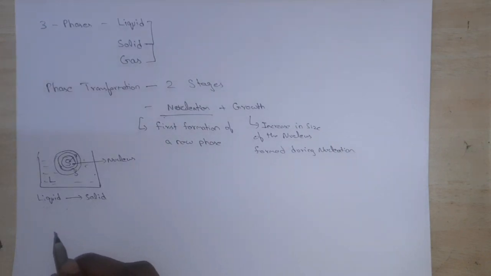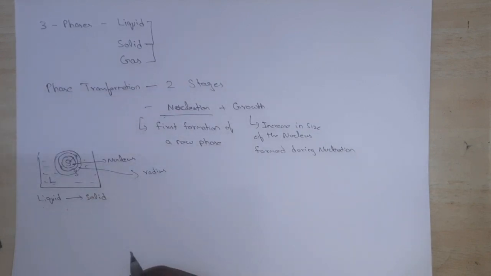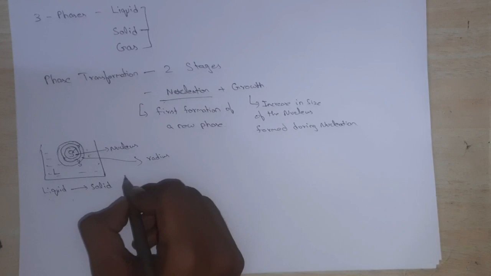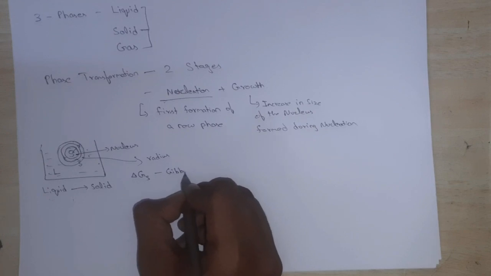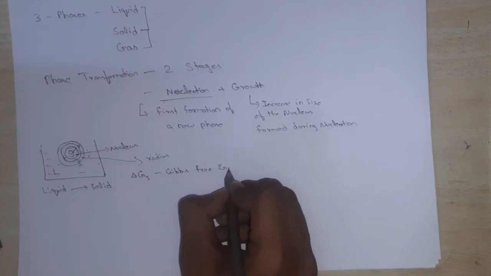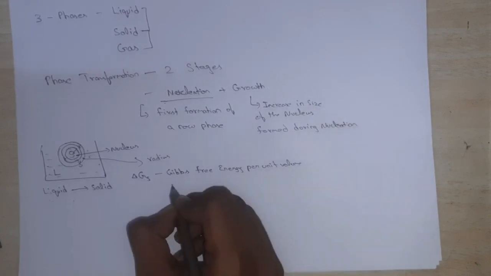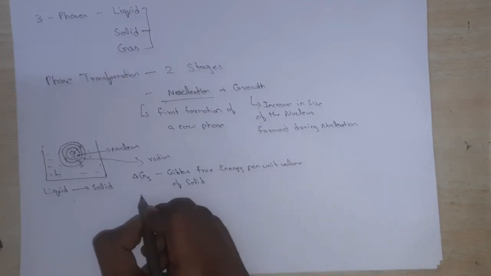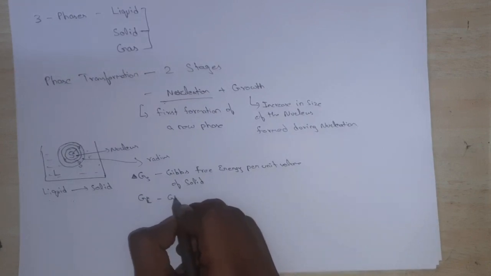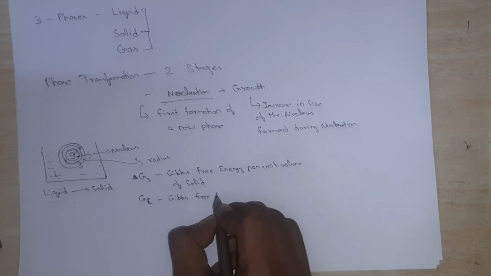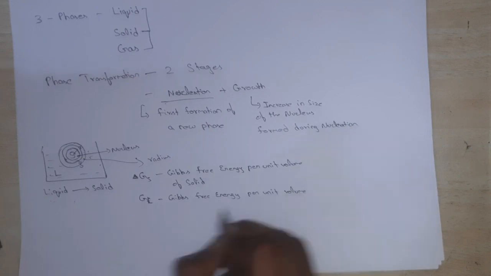So what will be the first radius of this solid? Let us see. Here, Gs is the Gibbs free energy per unit volume of solid, and Gl is the Gibbs free energy per unit volume of liquid.